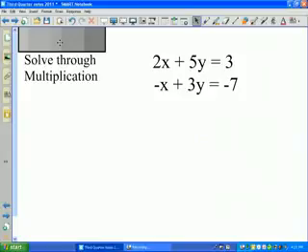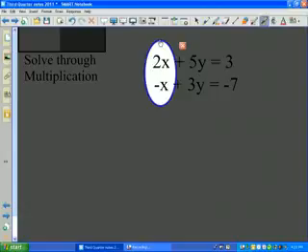So let's take a look. If I look at my x's, looking at the numbers alone, I have a 2 and I have a -1. What number besides 1 do they have in common? If I multiply them, I should get 2.